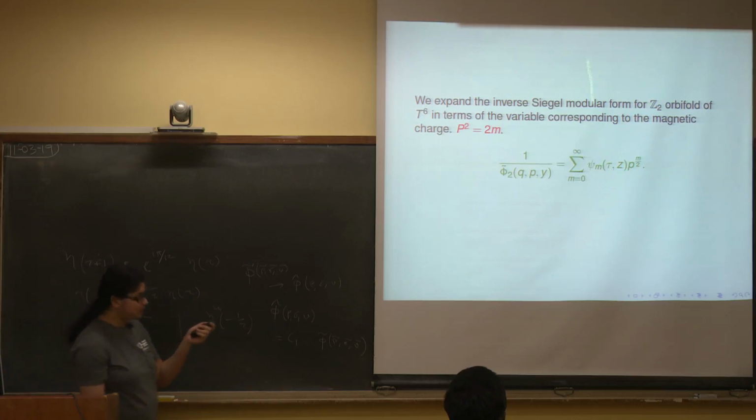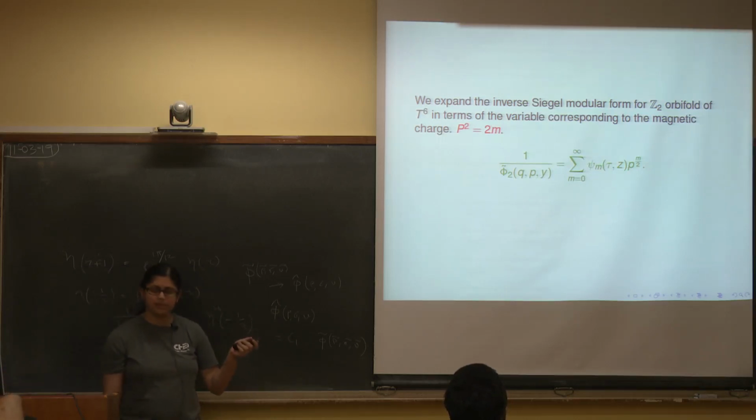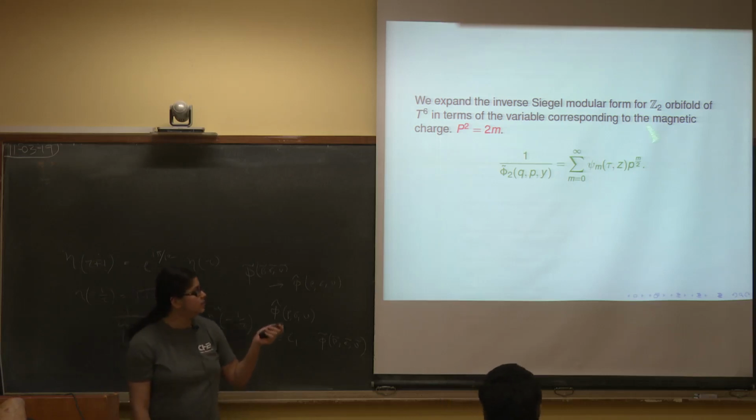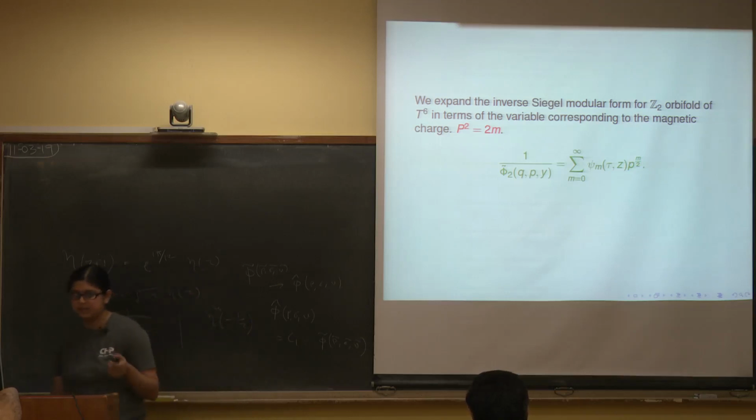We can expand the 1 by phi 2, or any 1 by phi k actually, in terms of Jacobi forms while expanding in terms of the magnetic charges.